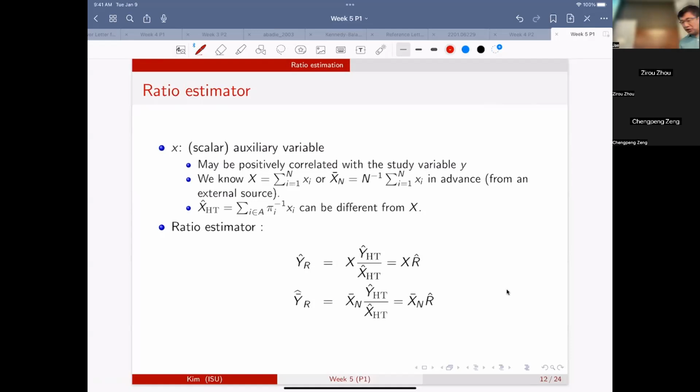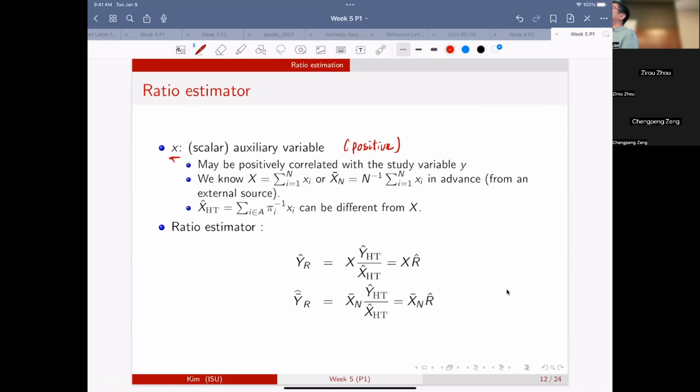So the ratio estimator is applicable for a scalar, when we have a scalar auxiliary variable, usually positive. I mean, in most of the survey items that we have in practice, the values are positive, right?